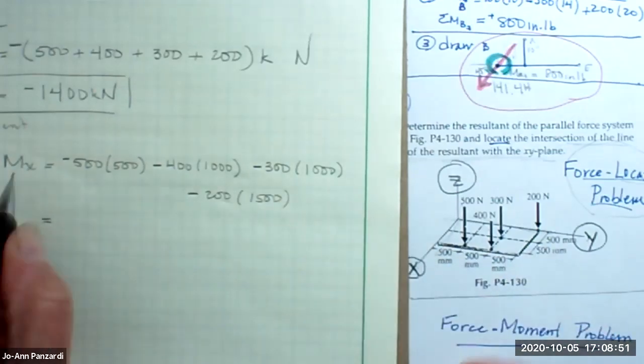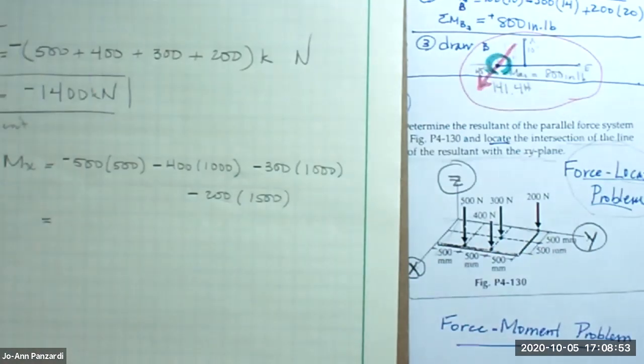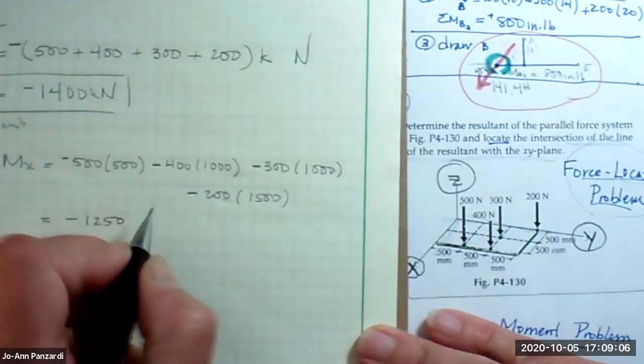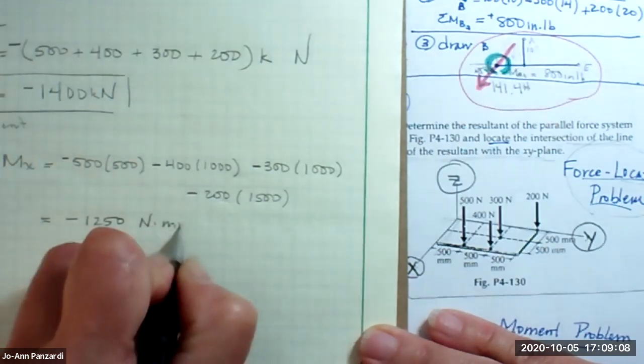So the sum of the moments about the x turn out to be negative 1250 Newton millimeter.